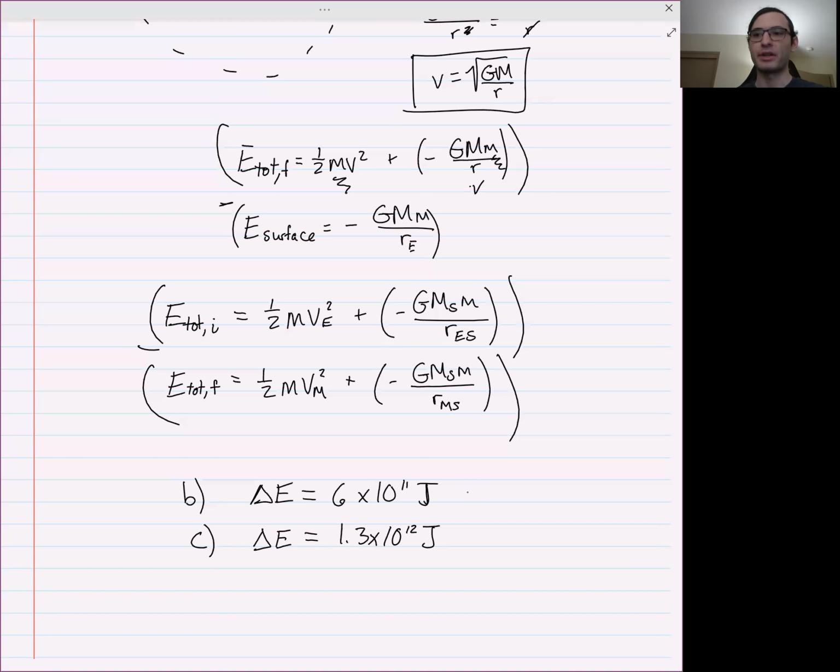And the reason why this happens is because even though the sun's pull is so much stronger than the Earth's pull, when you're starting out at the distance that you are when you're at the Earth, the sun's pull is kind of weak, or rather, you're already really far away from it. So going from Earth's distance to Mars's distance with regards to the sun's pull, it's not a huge difference.